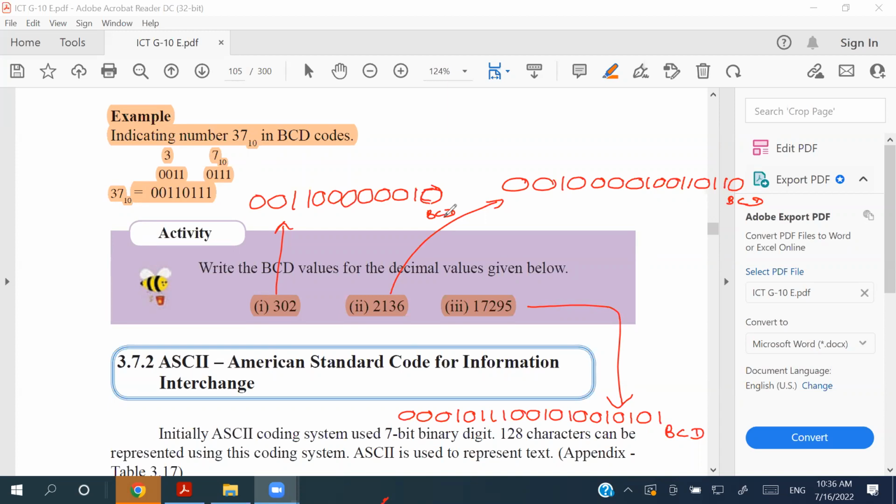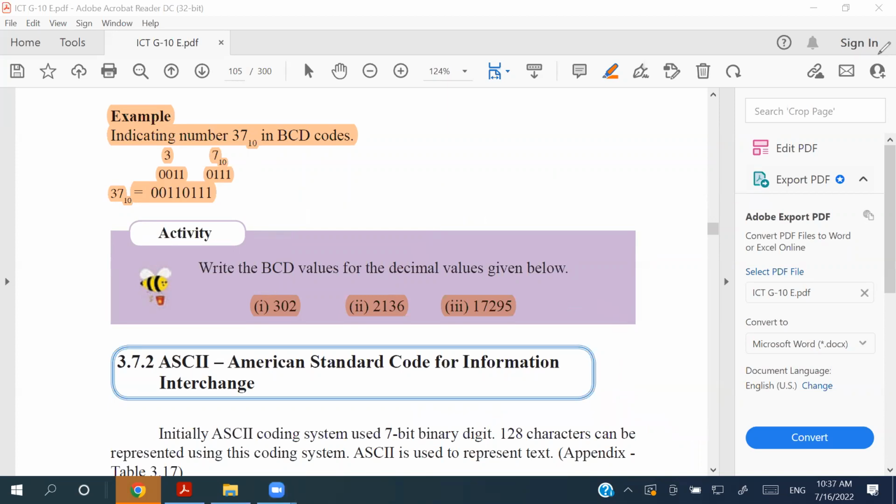Yeah, that is correct, Senuja. First one is correct. Second one is correct. Third one is also correct. Very good. Right. So let's move to the next one.